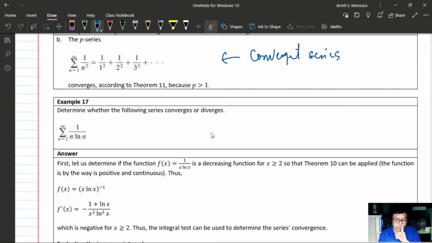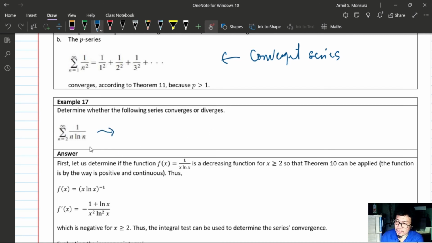But later on, we will have a method in which we will be comparing two series, in which if one series converges, we can apply some theorem that can make us conclude that the other series converges. We will discuss that in a later topic. But let's take a look at this one.